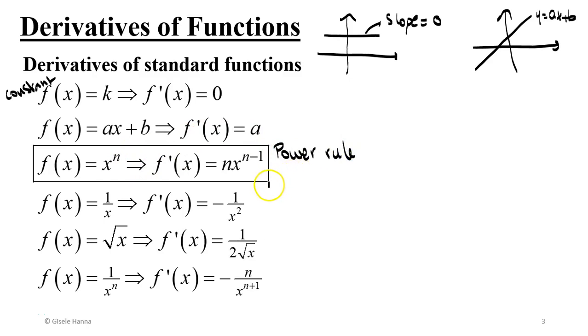In the power rule, whenever you have a term in the form x to the n, the derivative of a term in the form x to the n would actually consist of dropping the exponent and then subtracting 1 from the exponent. So the derivative of x to the n is n x to the n minus 1.